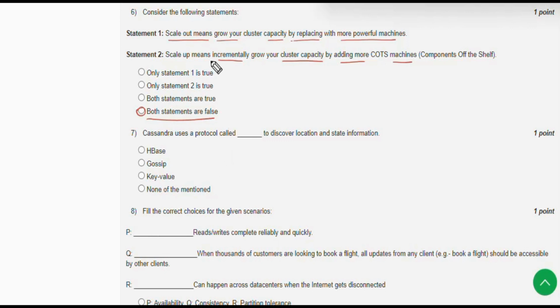Actually, scale out means incrementally grow your cluster capacity by adding more COTS machines, and scale up means grow your cluster capacity by replacing with more powerful machines. Correct? So I select that one.